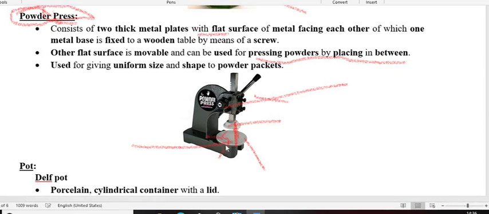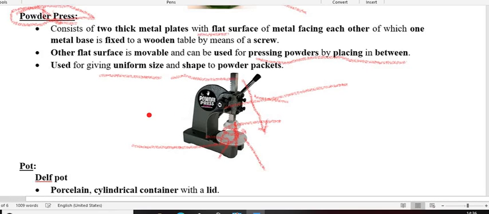So you have to keep the powder here, and then you have to move it down to press it and make the powder press. The important thing regarding the powder press is that it has two surfaces, one fixed, another movable, which help in pressing the powder and giving uniform size and shape of the powder. This is an important salient feature of the powder press.